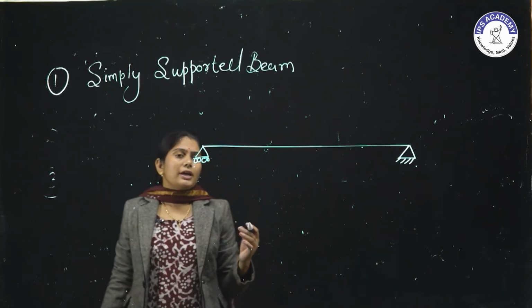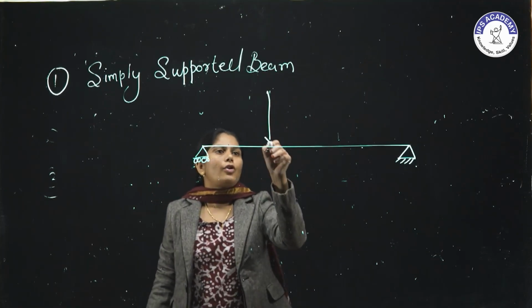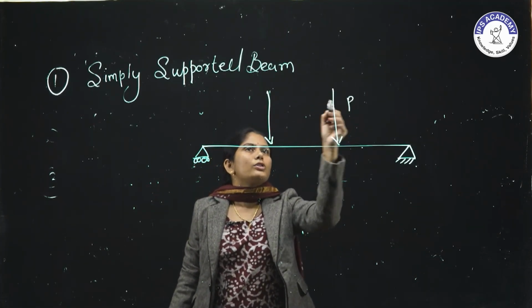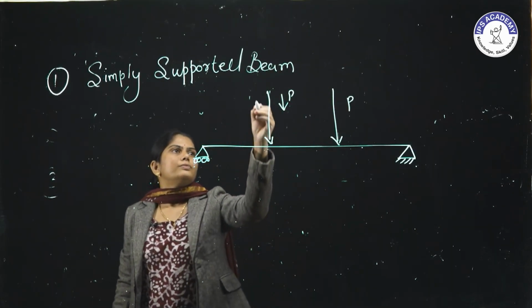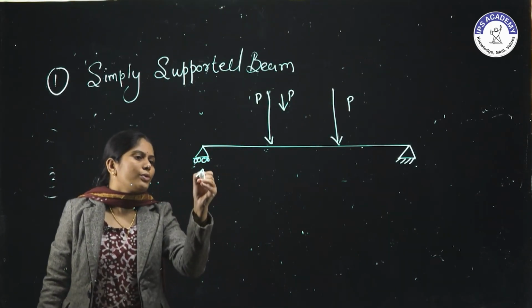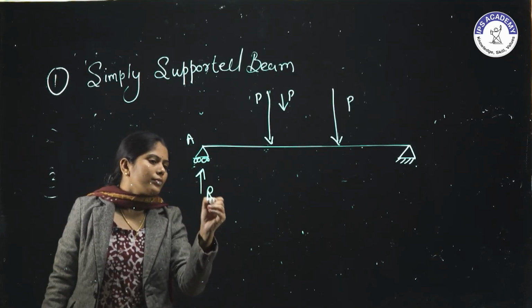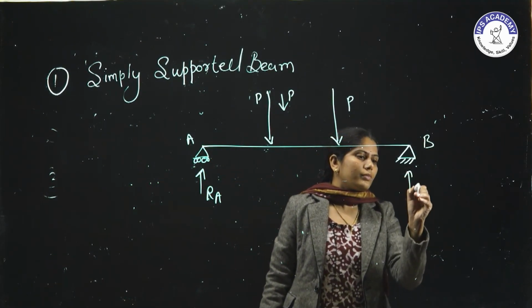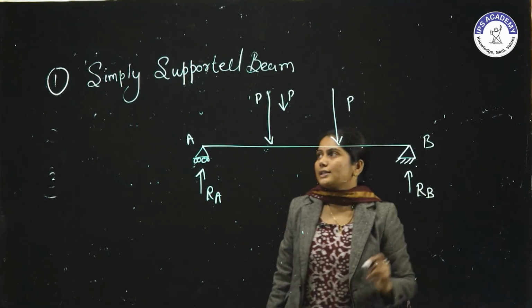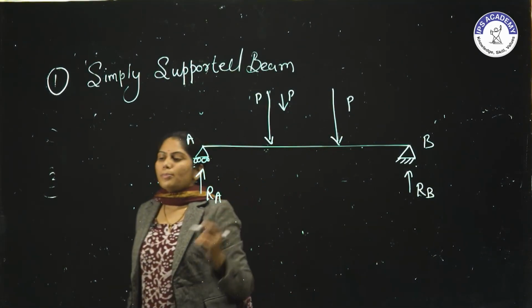Support reaction will always be vertical for this case because there will be only vertical load. So RA, RB. This is the simply supported beam.